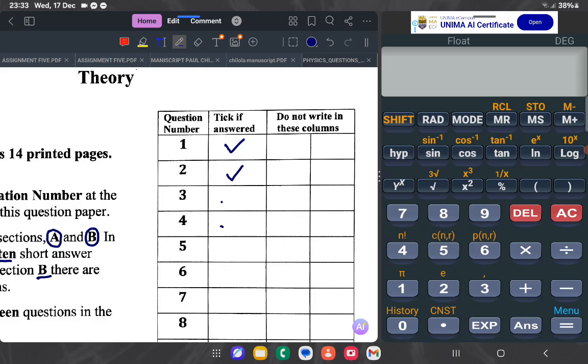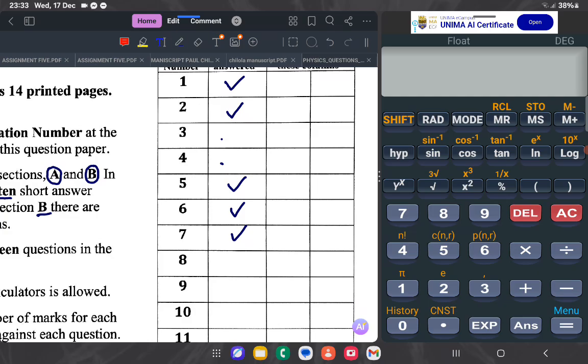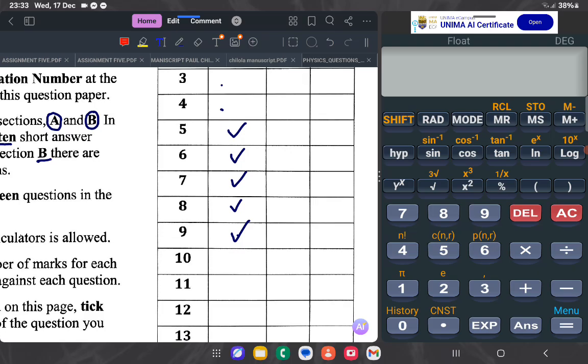For some reason again, you didn't answer question number 4. You answered 5. You answered question 8. So make sure you tick those questions which you have answered. Tick in these boxes to show that you have answered these questions.